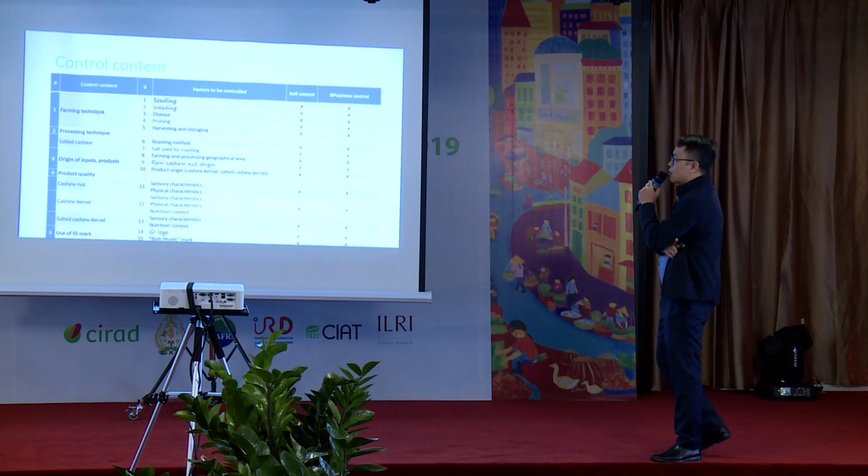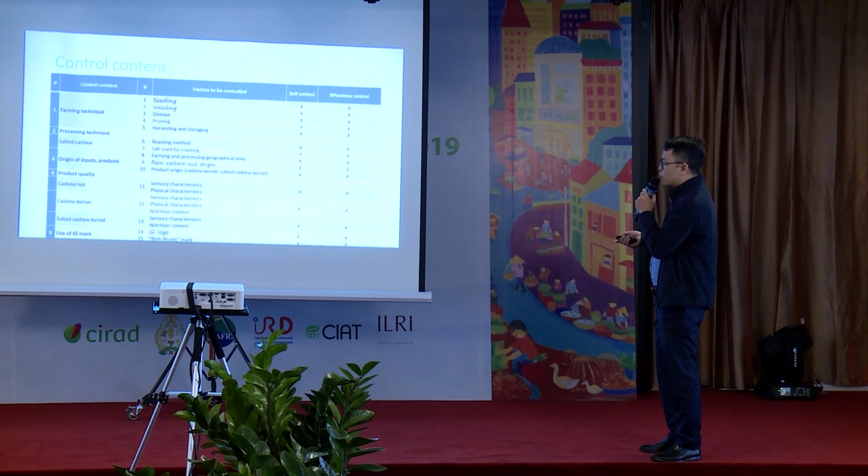About the control content, there are 15 points that need to be checked or controlled by the system, in 5 categories. The first one is farming technique.